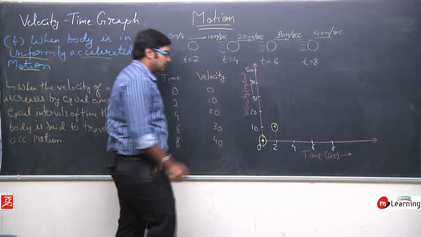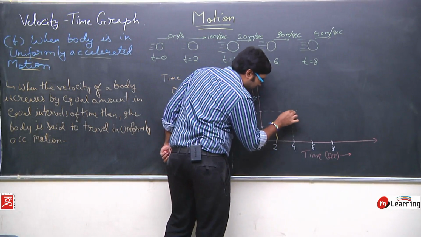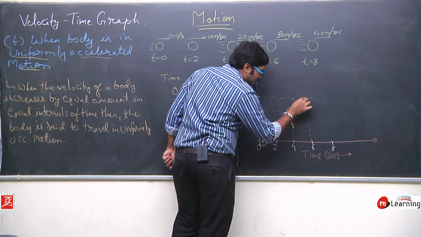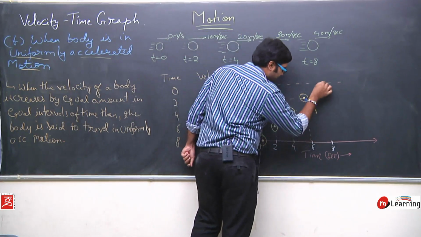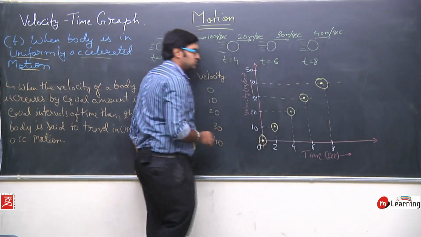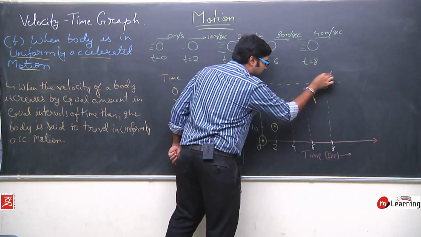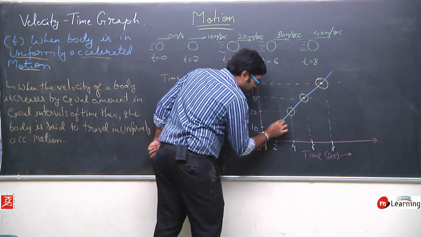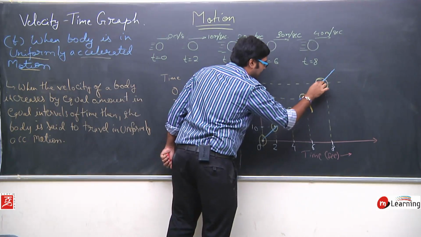At 4 seconds the speed is 20 meters per second, at 6 seconds it is 30 meters per second, and at 8 seconds the speed becomes 40 meters per second, and so on. Now if I join these points, what I will get is a straight line. Okay.